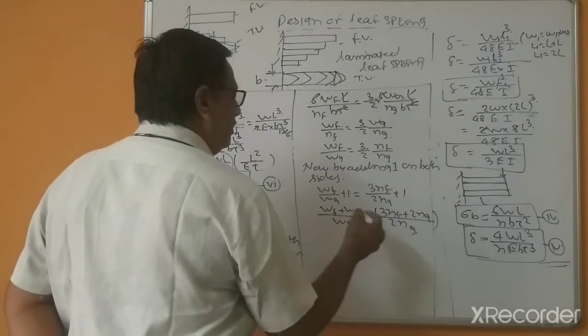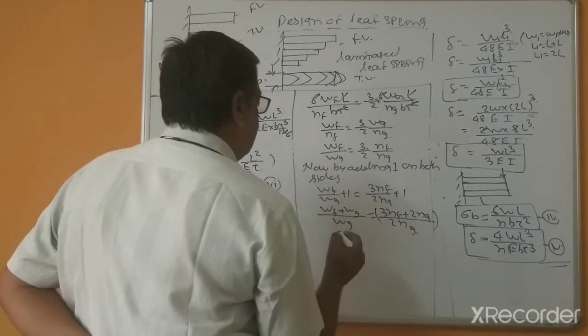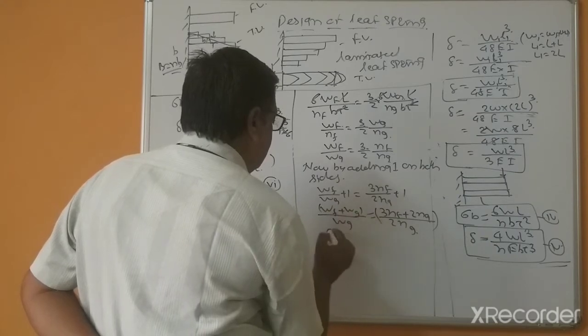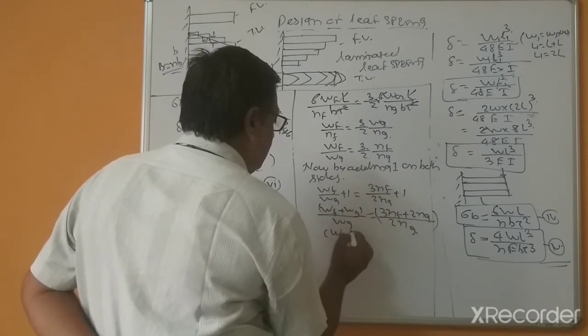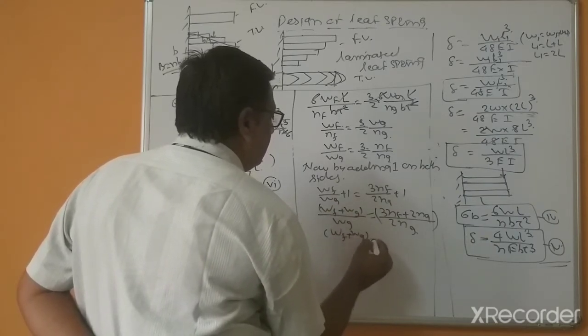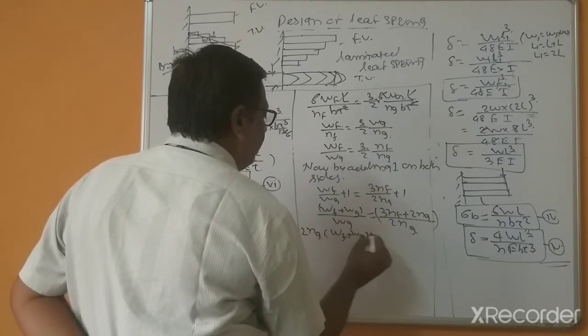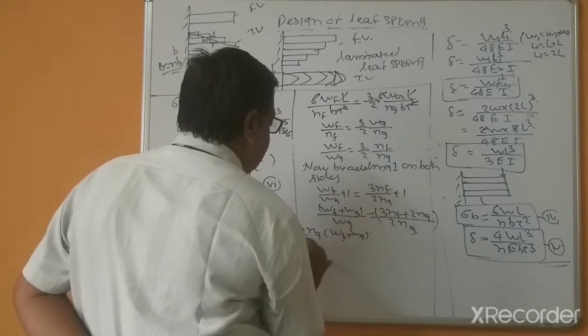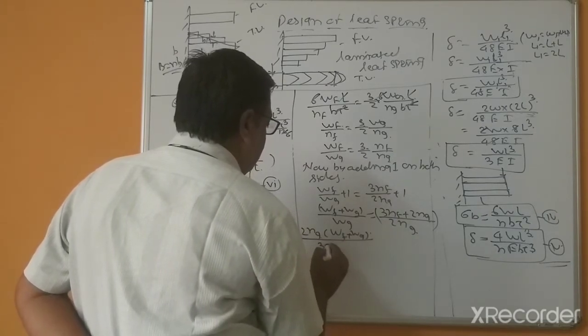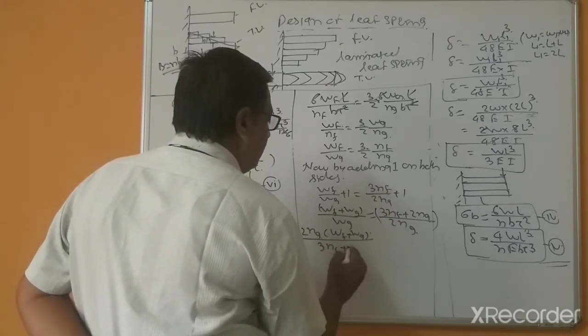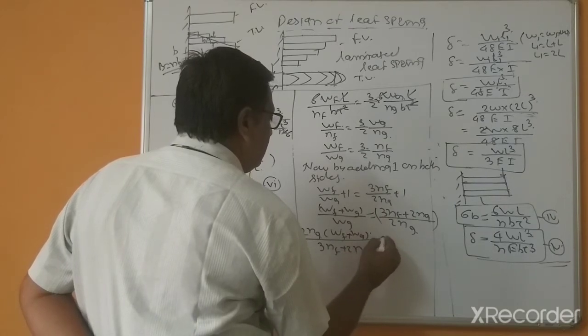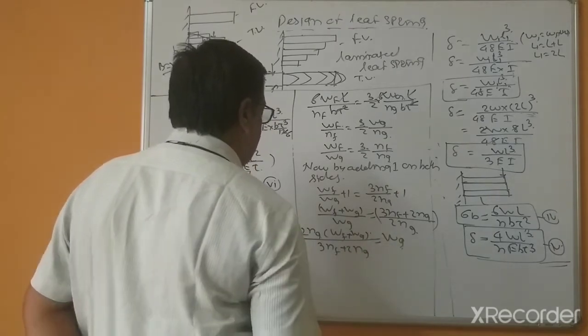Now by cross multiplication, (WF plus WG) multiplied by 2NG divided by (3NF plus 2NG) is equal to WG.